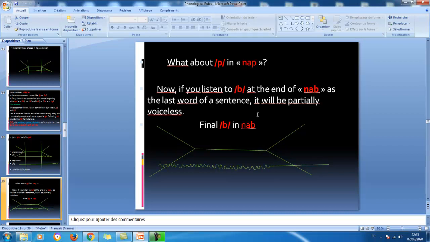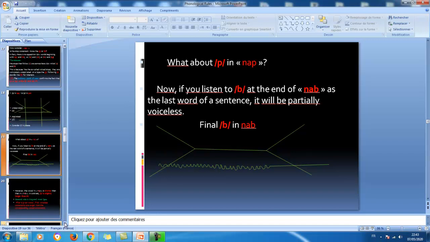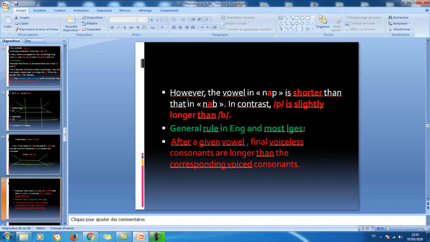Okay. Now this is for b, which means that when it is final, it is partially voiceless here. So it has got something in common with p, which is already voiceless. Now, however, the vowel in nap, this a in nap, is shorter than that in nab.